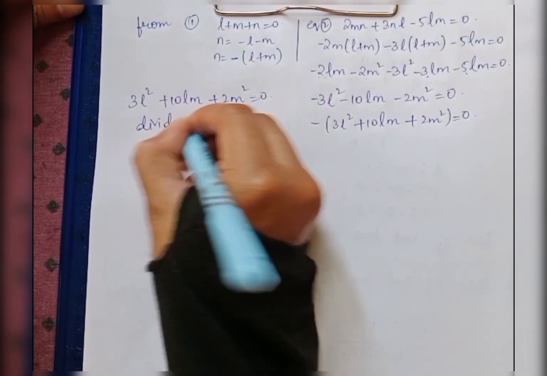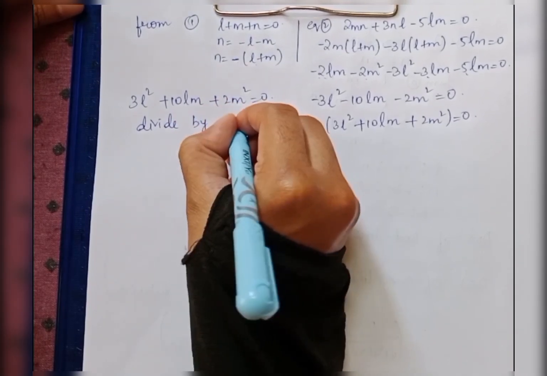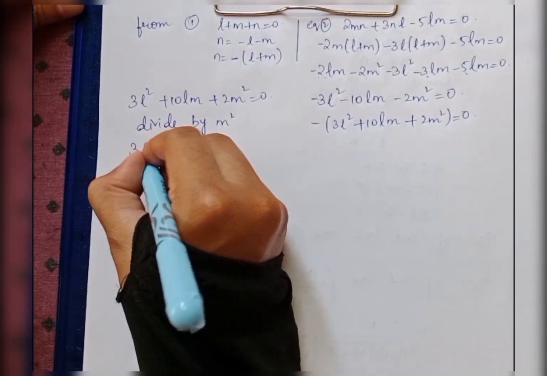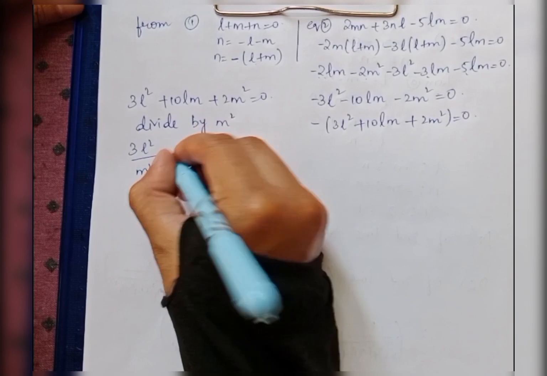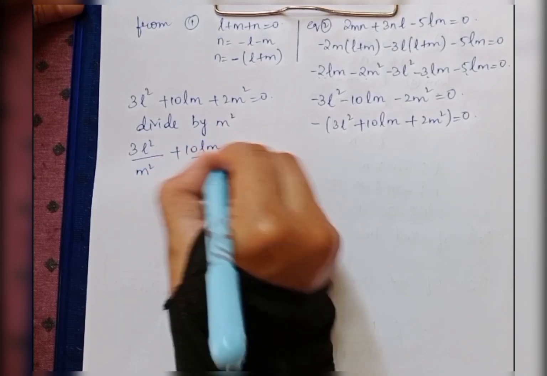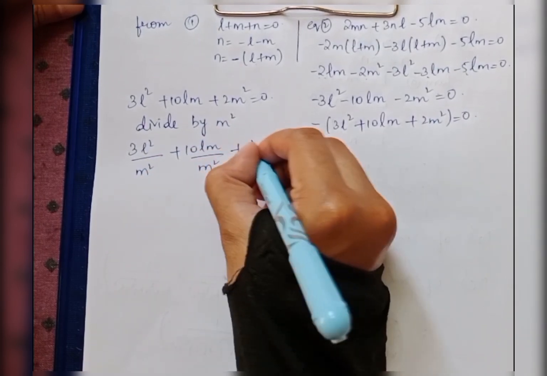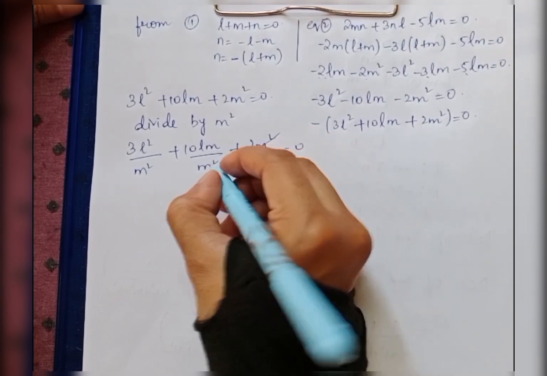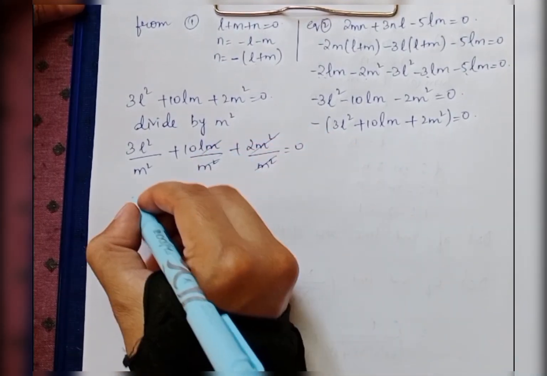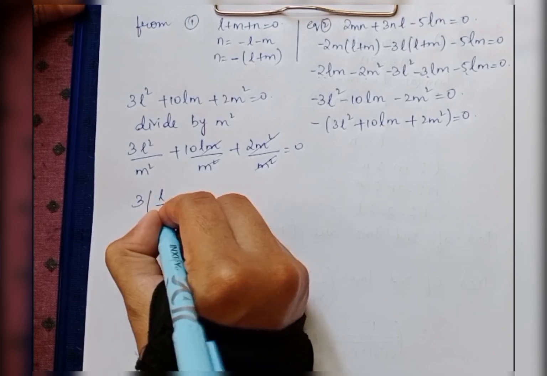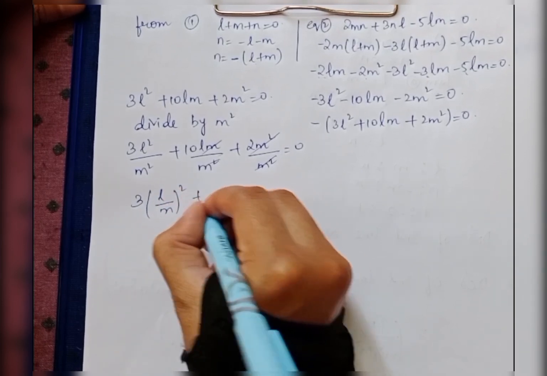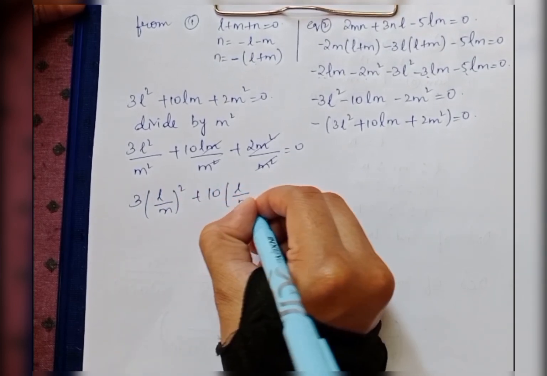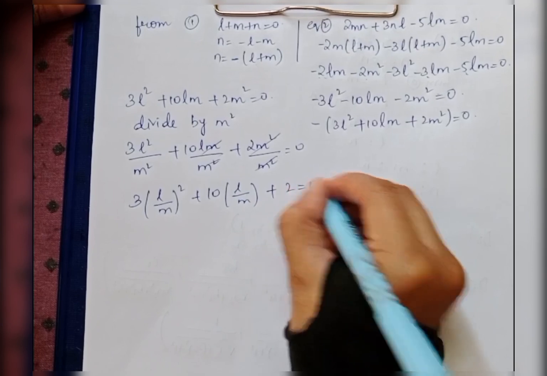Divide by m square. So it will be 3l square by m square plus 10lm by m square plus 2m square by m square equal to 0. m square gets cancelled, one m gets cancelled. 3 into l by m whole square plus 10 into l by m plus 2 equals 0.